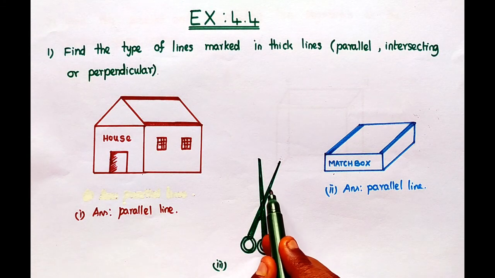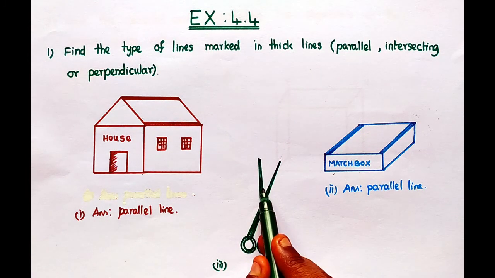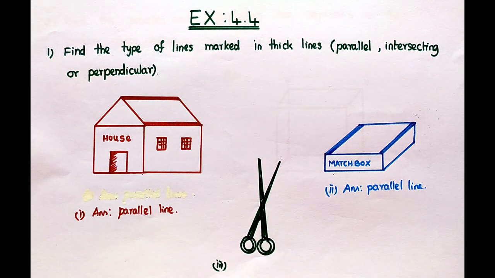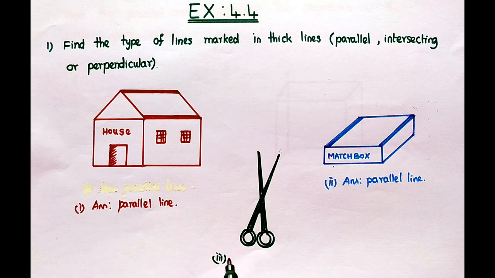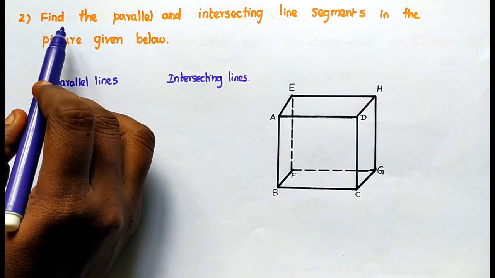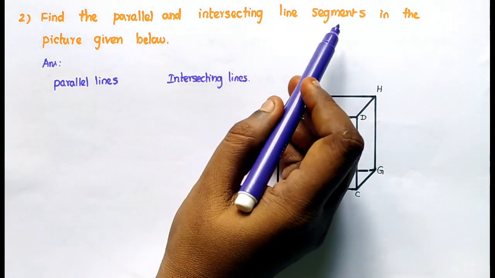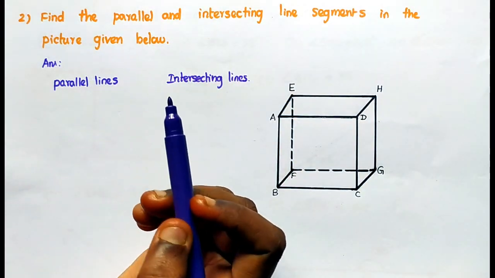Listen here. Here one line intersects the another line. So that is intersecting line. That is the answer.